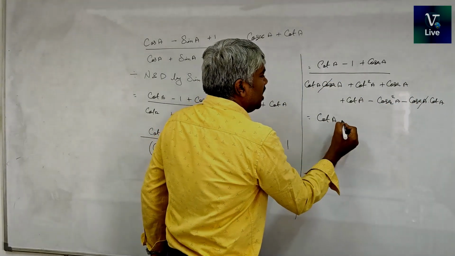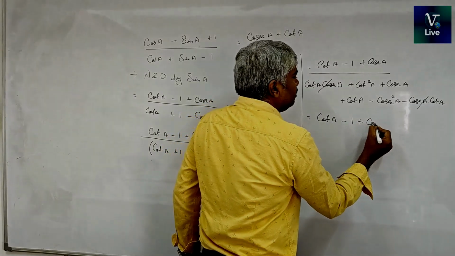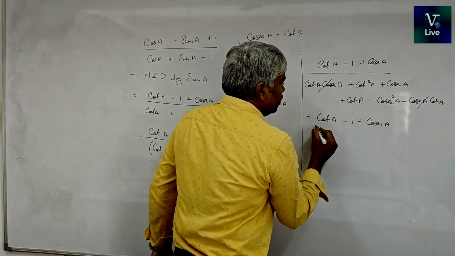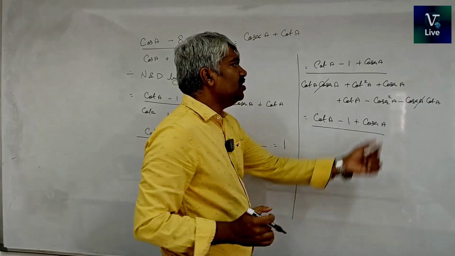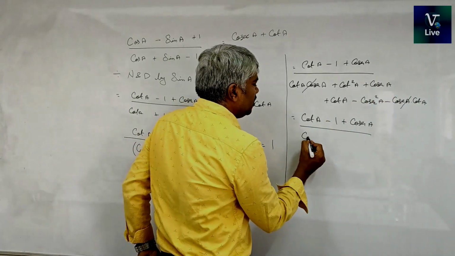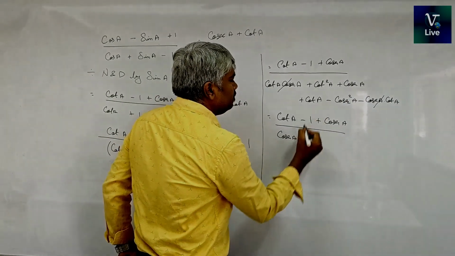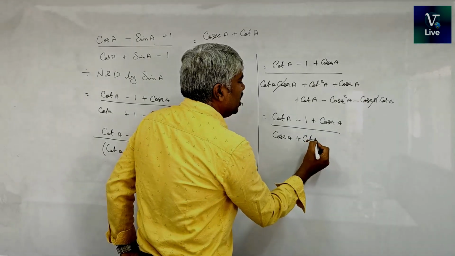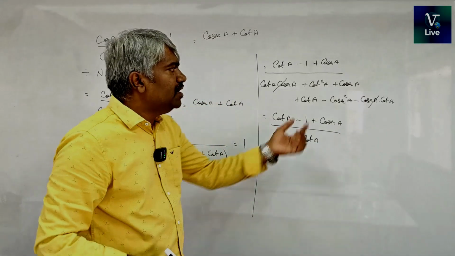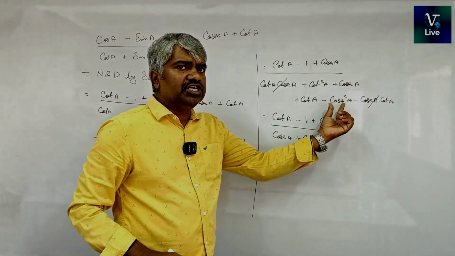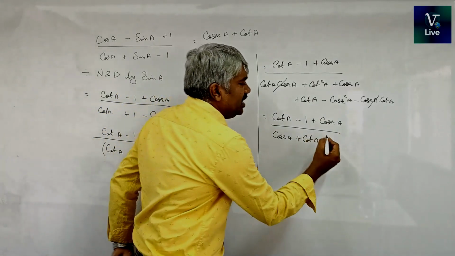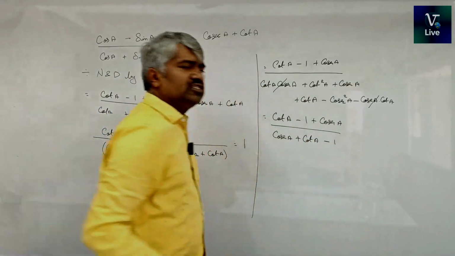If you look into the denominator, you have cosecant A plus cot A. The terms available are cot square A minus cosecant square A. You know that cot square A minus cosecant square A is minus 1.